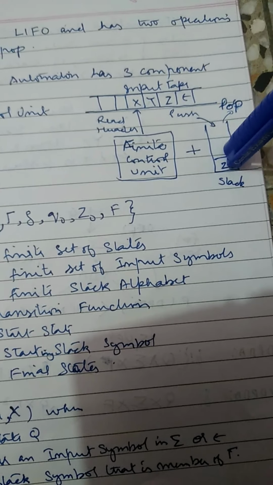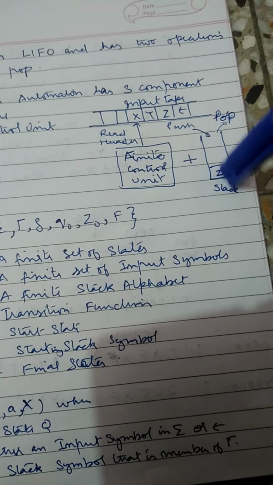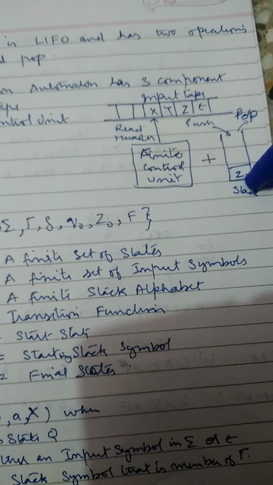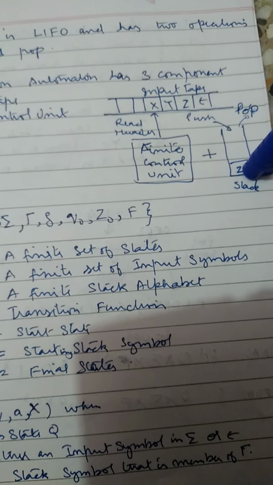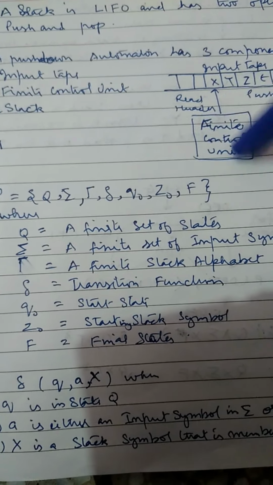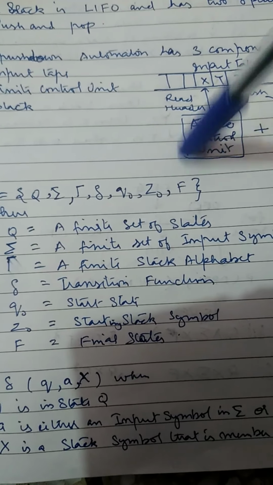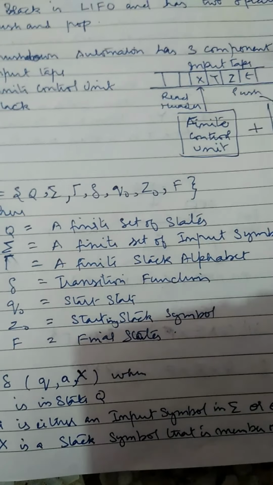So to check whether the stack is empty or not, we use a simple strategy: we insert the Z0 symbol, and when we see the Z0 symbol, we know it's empty. And F is the set of final states of the finite control unit. Some other conditions are also there, but F is the final states.